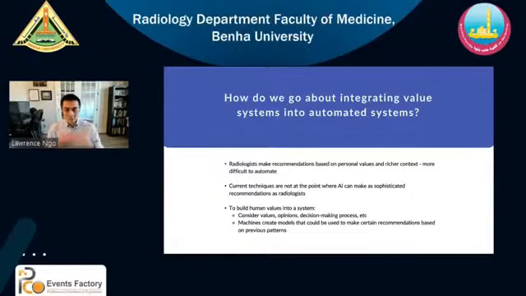So for example, let's say you're reading a CT scan on a 90-something-year-old and you see an incidental breast nodule that you think might need a mammogram. You can change that age to whatever you want, 90 years old, 95 years old, 70 years old, whatever scenario fits best for your framework.